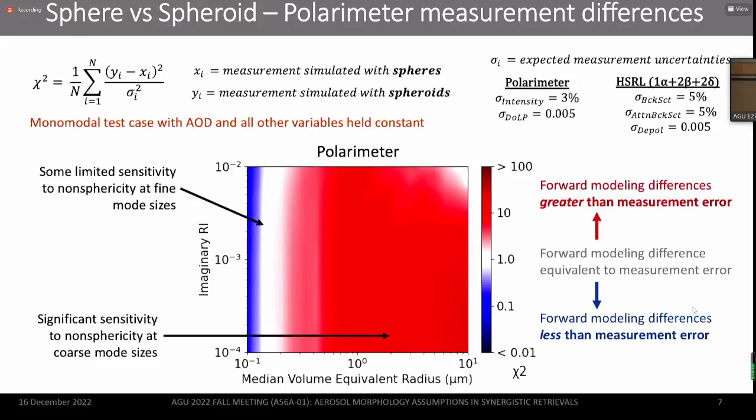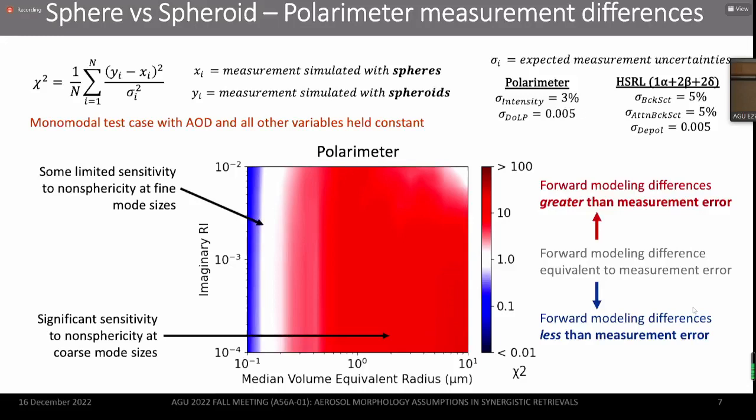forward model, say with spheres, matched another forward model, say with spheroids. So here I'm showing that example. What I'm plotting here is kind of like a chi-squared, but not between measurement and fit, but between two forward model calculations, basically.